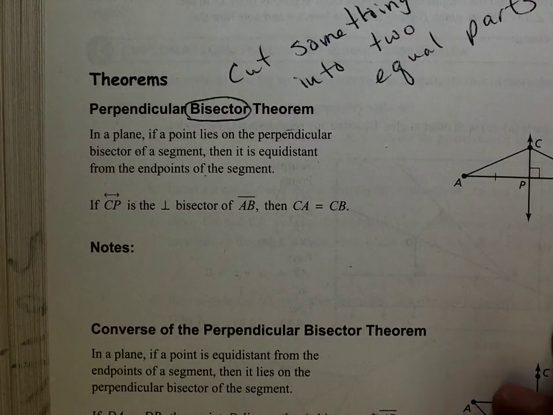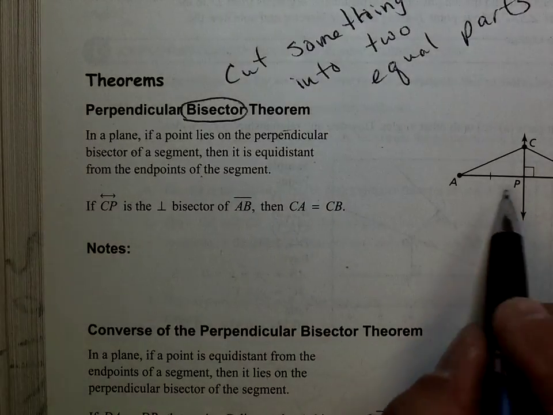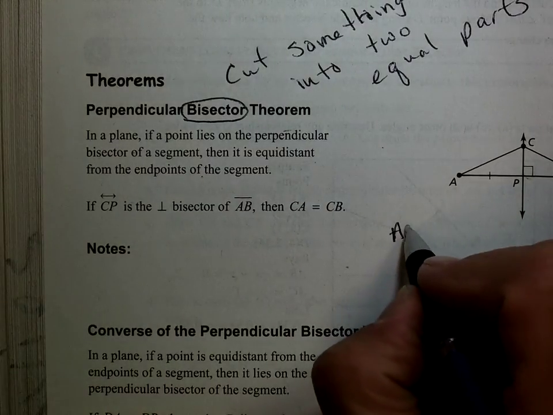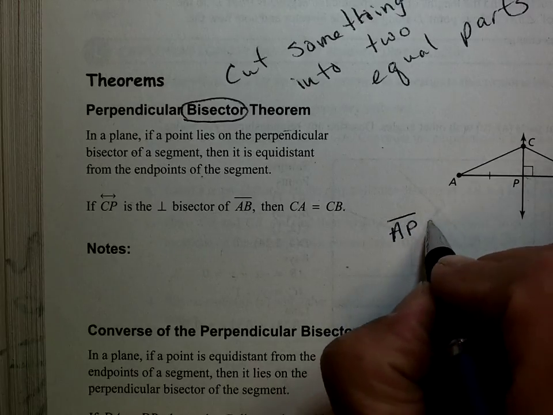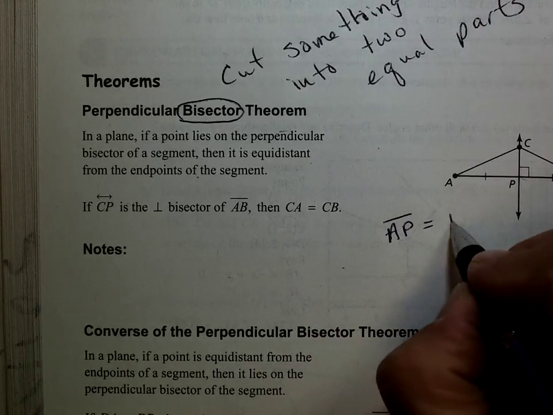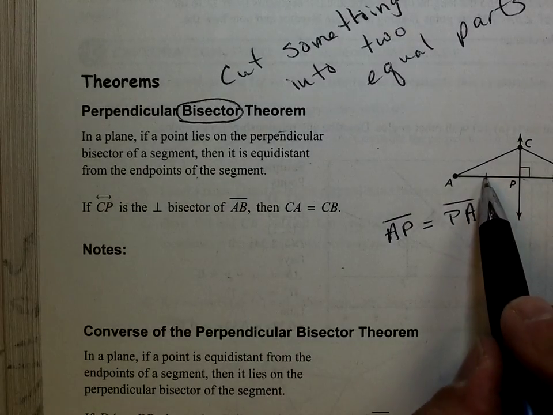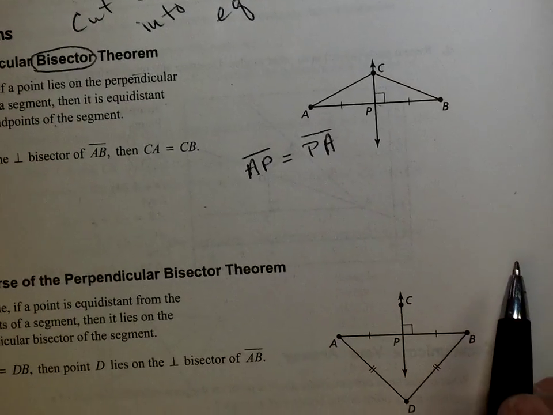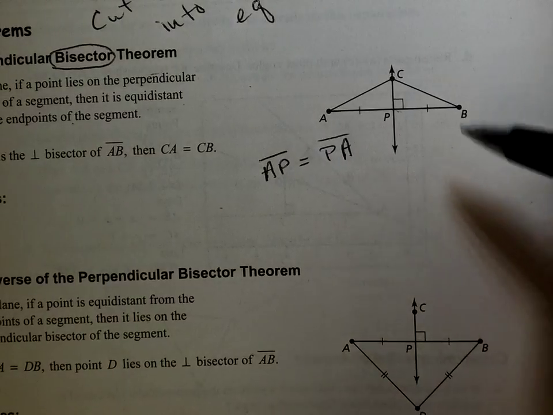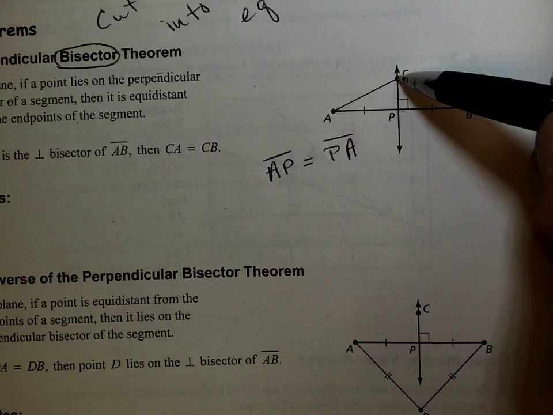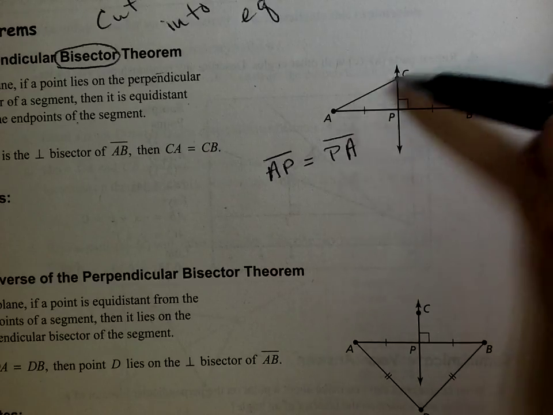Yes. So that means first of all, you know these two are equal because it got cut in half. So we know AP is equal to PB. Okay, those two pieces are equal. And that's why they use their little dashes to show equal, okay? We also know that any point like this C right here makes this distance equal to here, okay?